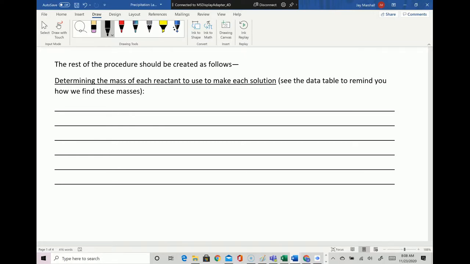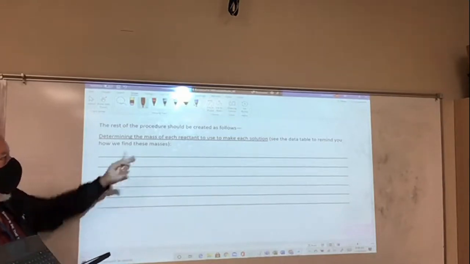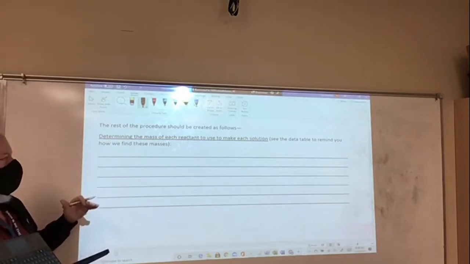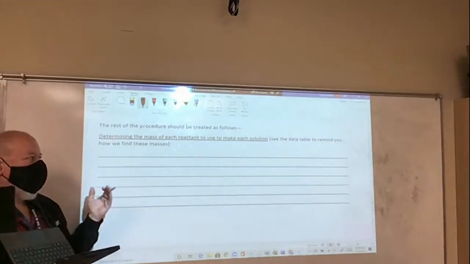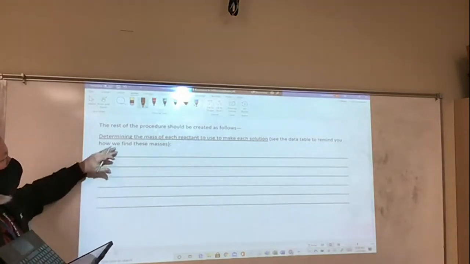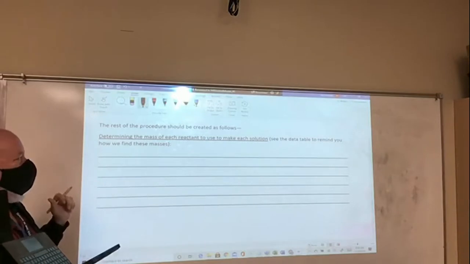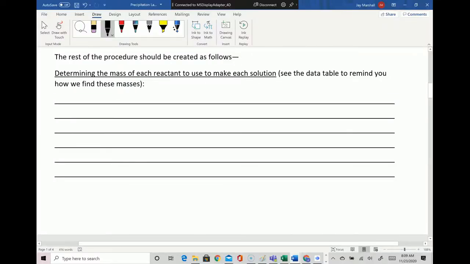I'm giving you the basic parts of the procedure, and as you walk through it, I'm going to ask that you write down some notes about how you're doing this, and we'll pull this all together when we get back to class after break. We'll sit down and create the actual procedure together. I'm not going to ask you to do that over break by yourself.